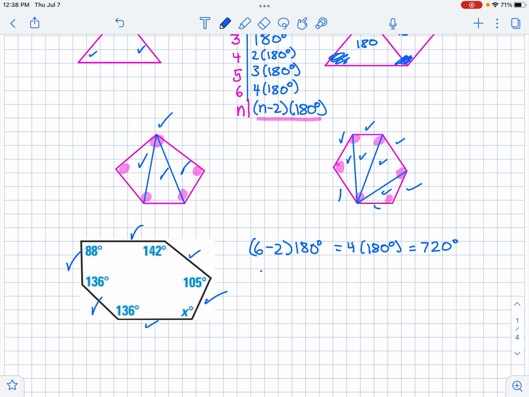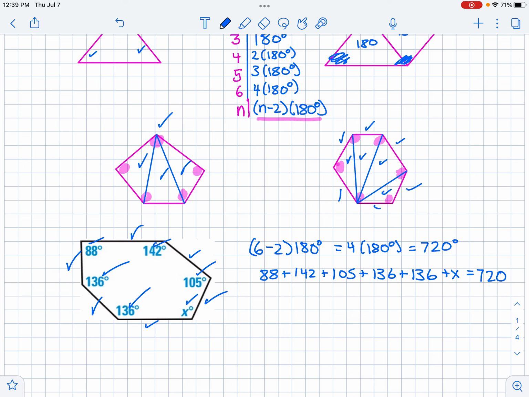Now, let's see what we've got. We've got here 88 plus 142 plus 105 plus 136 plus another 136 plus x, and that has to equal 720. So look what I've got: 88, 142, 105, 136, 136, and x. It's just a simple algebra problem, and we'll find out what x is.